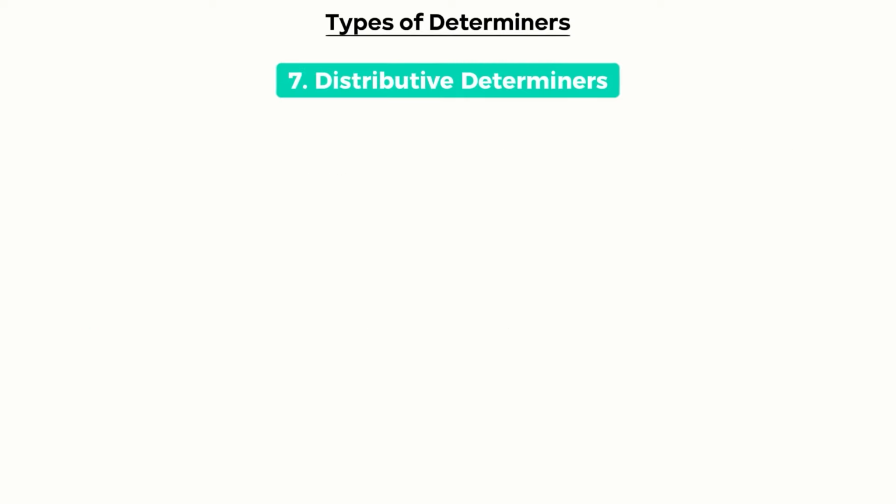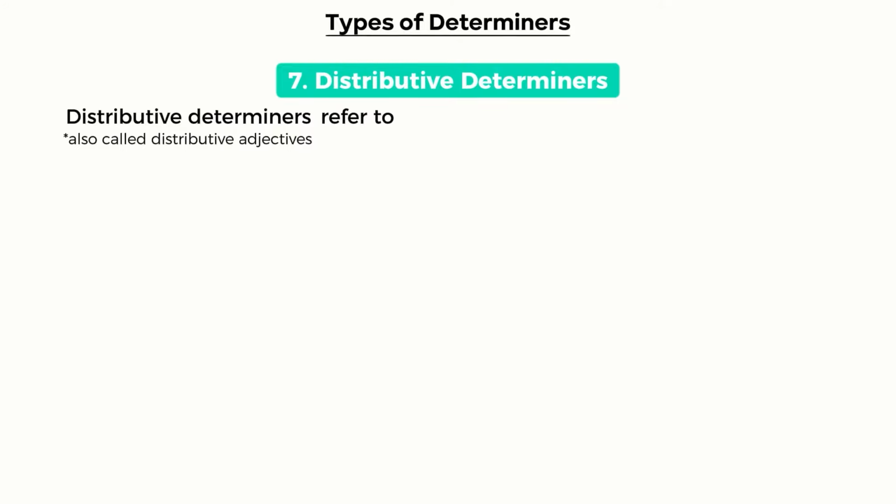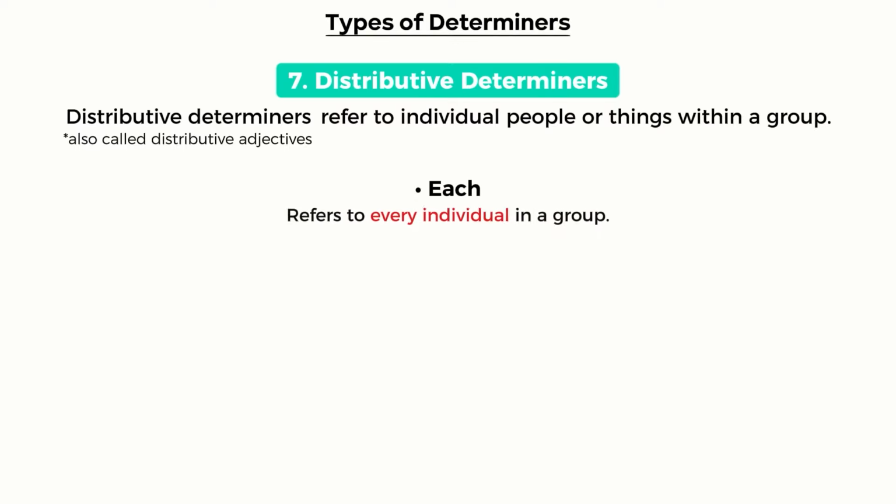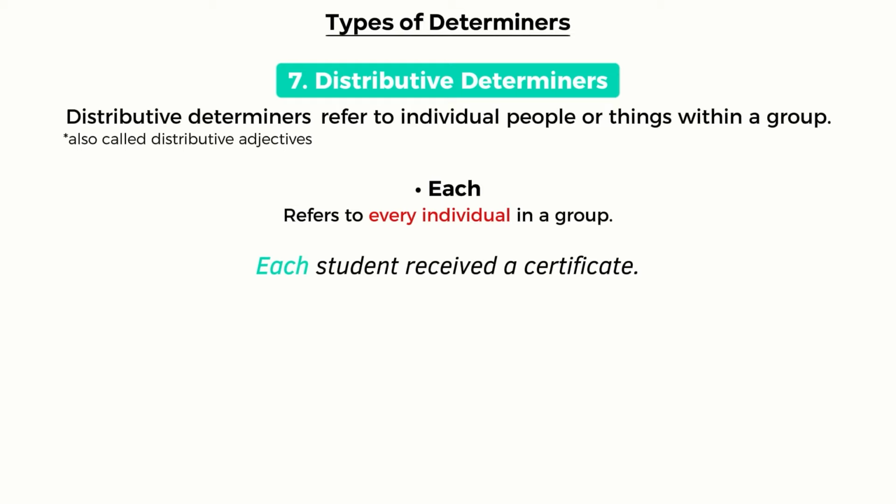7. Distributive determiners. Distributive determiners, also called distributive adjectives, refer to individual people or things within a group. Each refers to every individual in a group. For example, each student received a certificate.